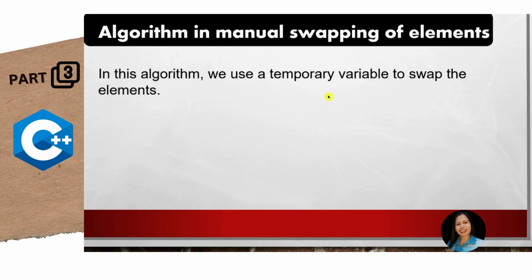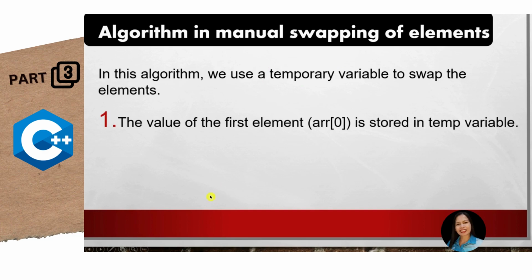How it should be done: first, the value of the first element, assuming we create a variable called ARR and our first element would be index 0, we're going to store it in a temporary variable.